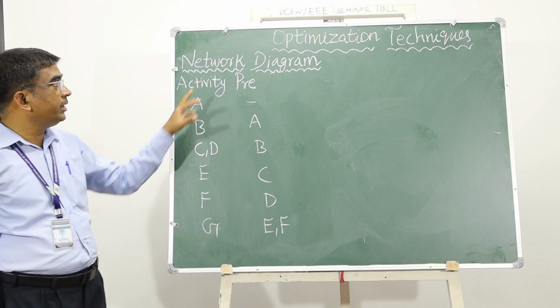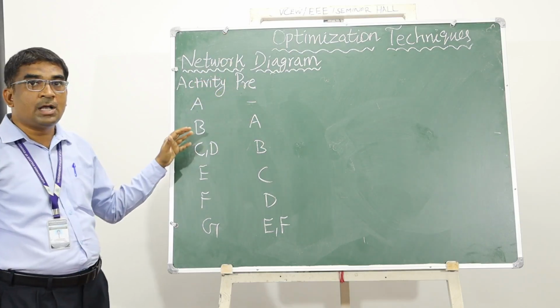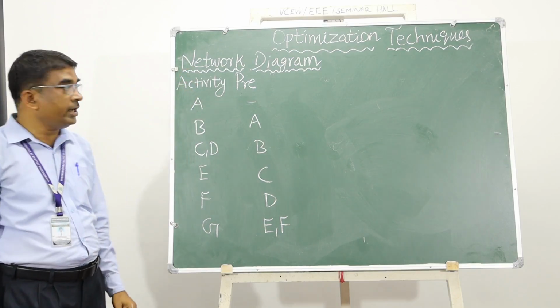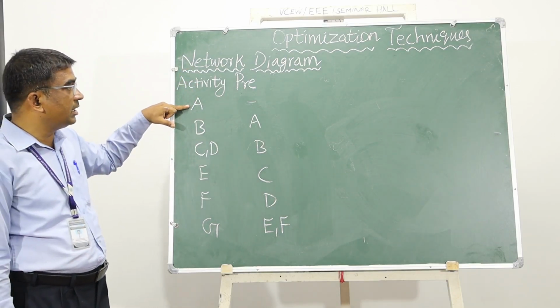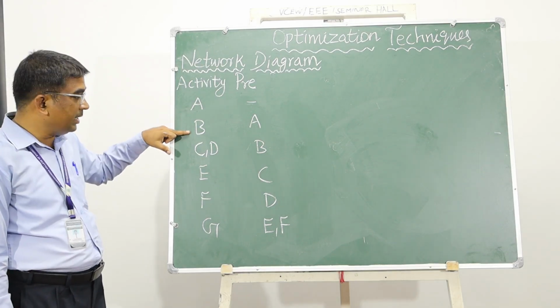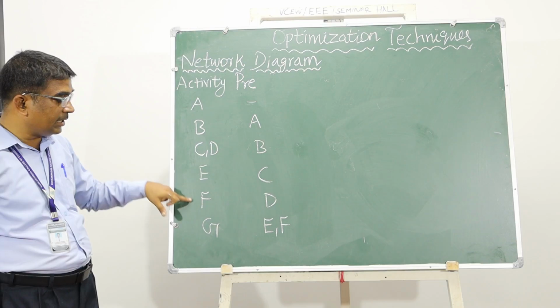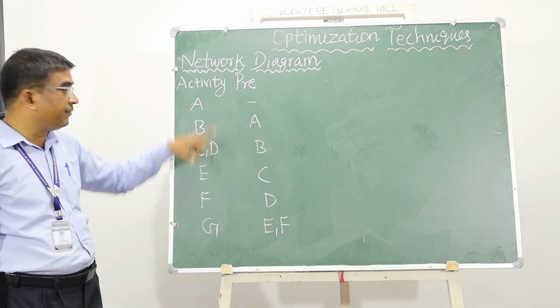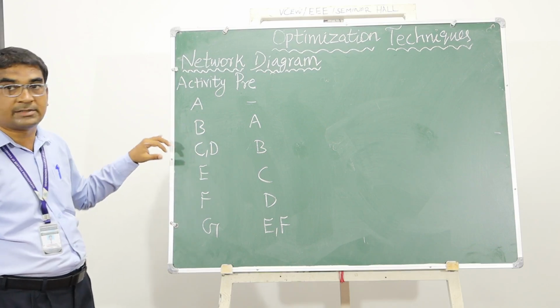Now we will see how to construct the network diagram from the given data. Consider the first activity of the given example is A, and next B, C, D, E, F, G. So totally we have 7 activities in this example.